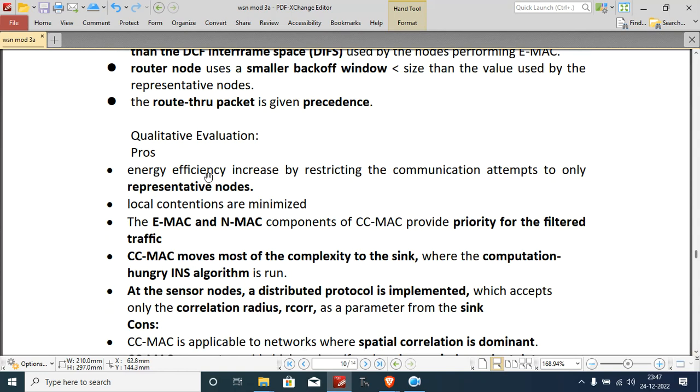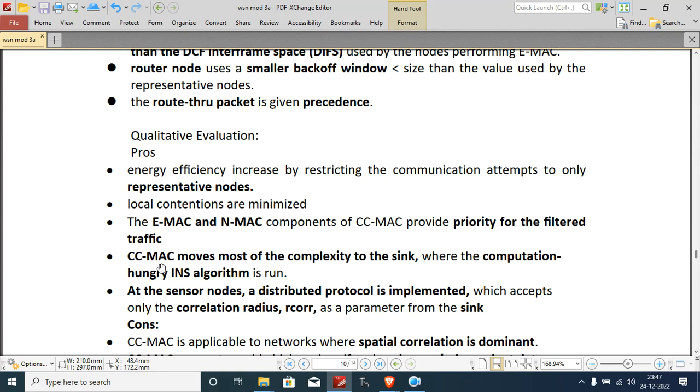So energy efficiency is increased by restricting the communication attempts to only representative nodes. Local contentions are minimized in this case. The EMAC and NMAC components of CCMAC provide priority to the filtered traffic and not for the current traffic which is getting generated.